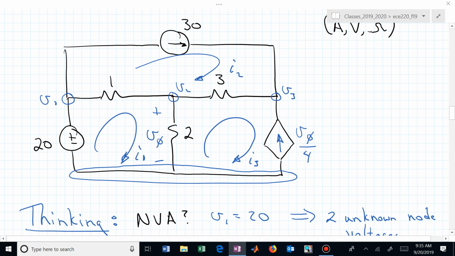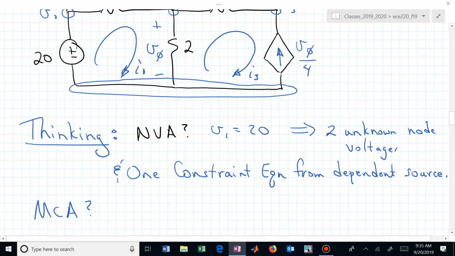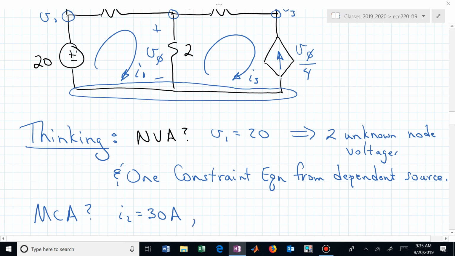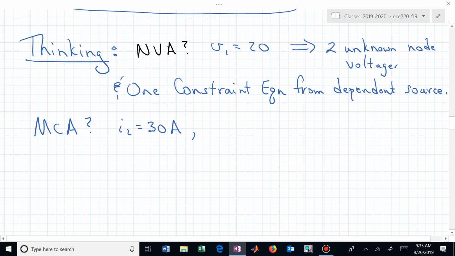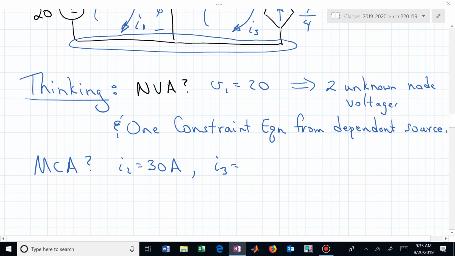I sub 2 is immediately 30. That reduces one of the variables. What else? I also have I sub 3 given, don't I? By that dependent current source. So I sub 3 is, in the opposite direction, minus V sub phi over 4.